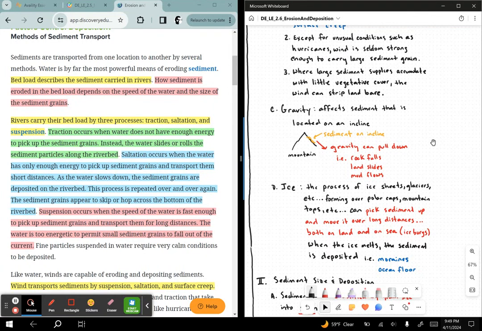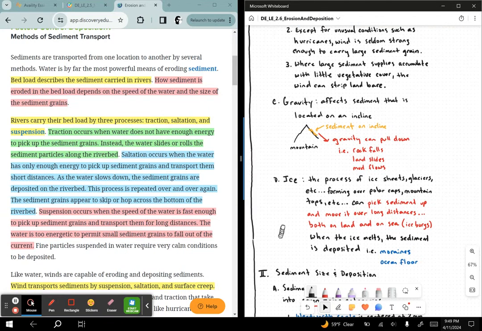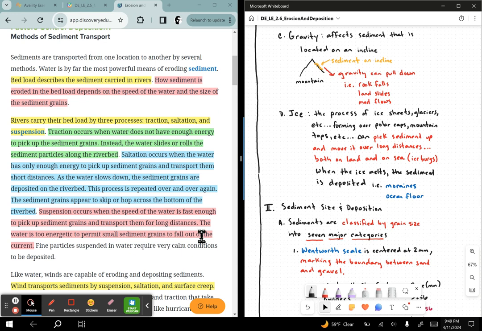As the water warms up, the icebergs melt, and whatever sediment they're carrying with them is going to then be deposited. Maybe it'll be deposited on land, maybe it'll be deposited on the ocean floor. Okay, so these are some examples of erosional agents.